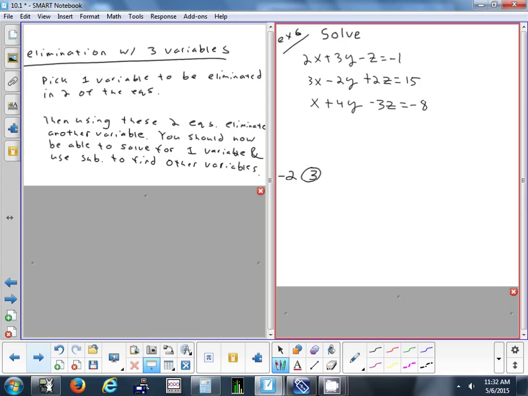We're going to take equation 3, multiply it by -2, and we're going to add it to the first equation. Okay, I'll do that in 2 steps. Some people do it all in 1 step, but let's do it in 2. -2 times the third equation. Okay, just make sure you check my signs, make sure we're good. Okay, and we're going to add it to the first equation.